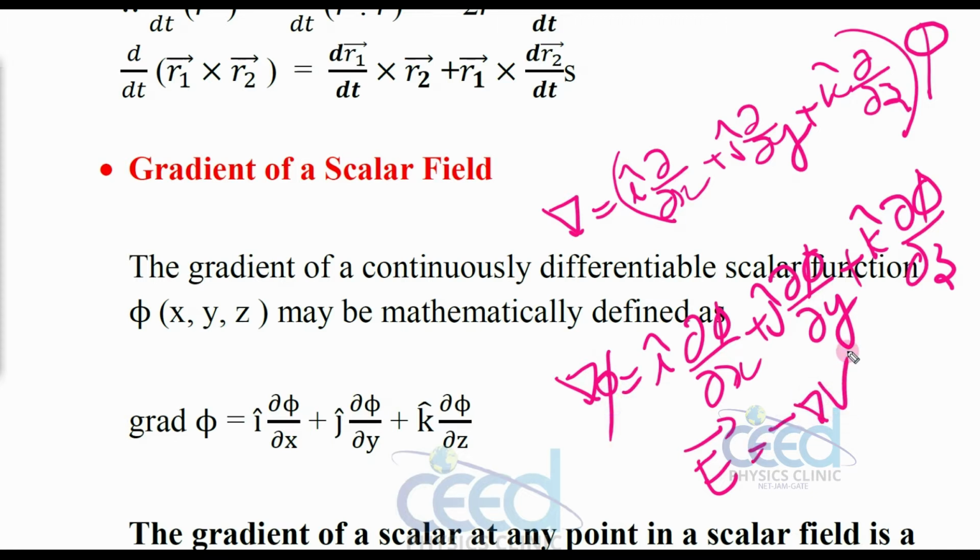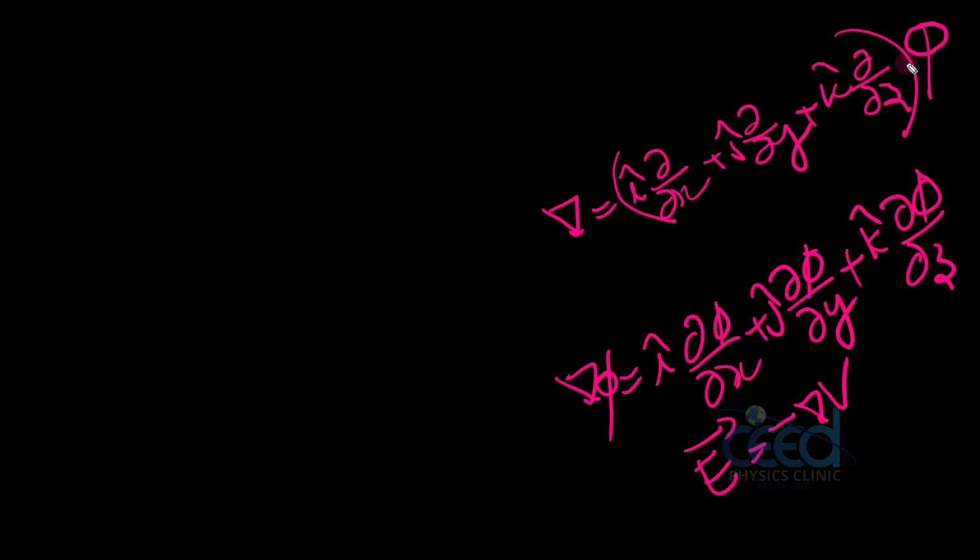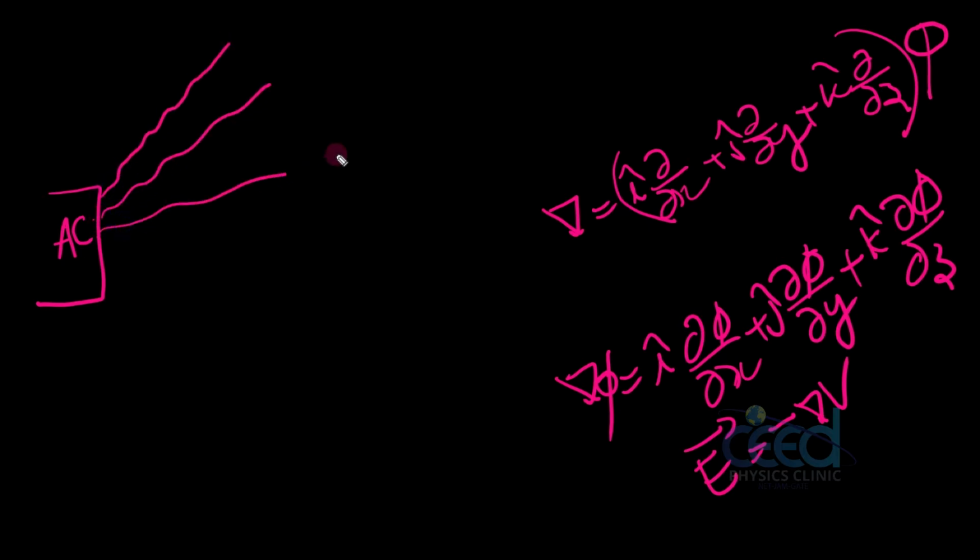So let us go to the significance. Suppose you have an air conditioner fixed here. You can see the cool air flowing in all directions.